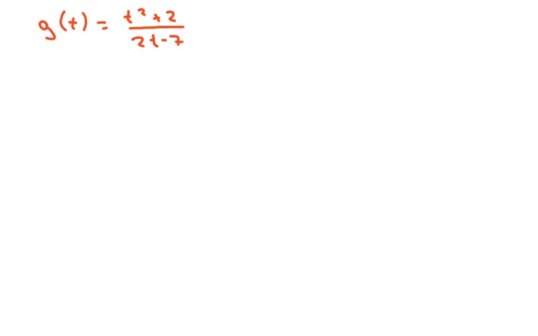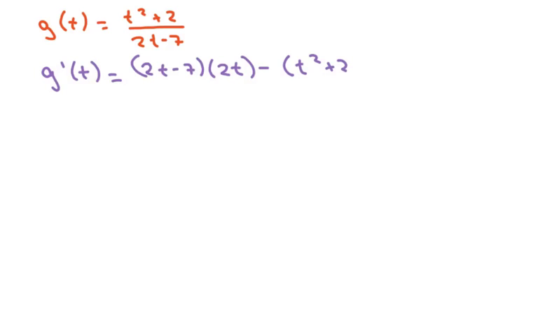Okay, the next one's very similar. So we're going to take the derivative of g. So we write down the denominator, which is 2t minus 7. Multiply it by the derivative of the numerator. Subtract the numerator times the derivative of the denominator, which is just 2.